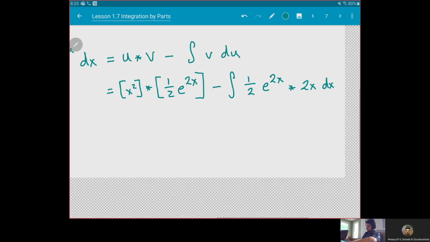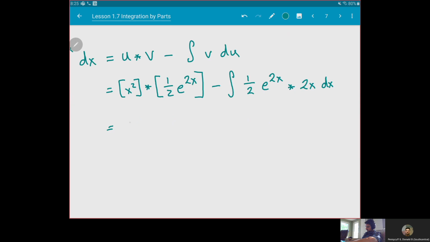Okay, so let's simplify some things. So that's going to be 1/2 x squared e to the 2x minus, the 2 and the 1/2 cancel each other out, the integral of x times e to the 2x dx.